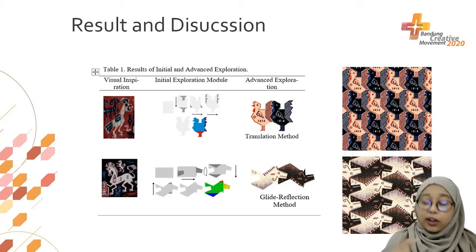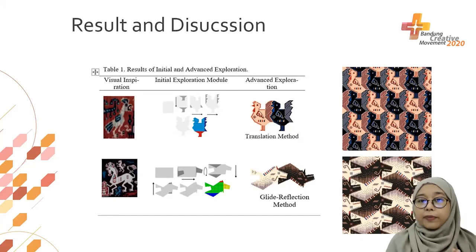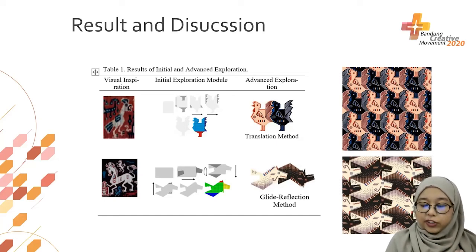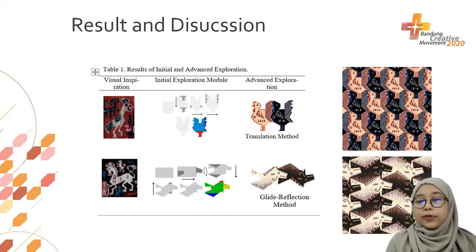By using contrast color, it becomes more dynamic and brings harmony and balance to the patterns. The translation and glide reflection methods are the most optimal forms and produce the best visuals from this experiment.